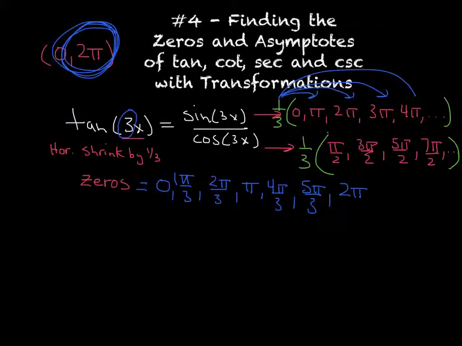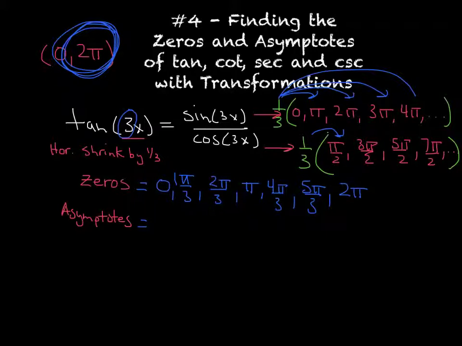Now, where are the asymptotes? The asymptotes are going to be, once again, where the denominator equals 0. So we have to take the normal places where the cosine is 0 and shrink them by 1/3. So we're going to multiply this fraction in there.